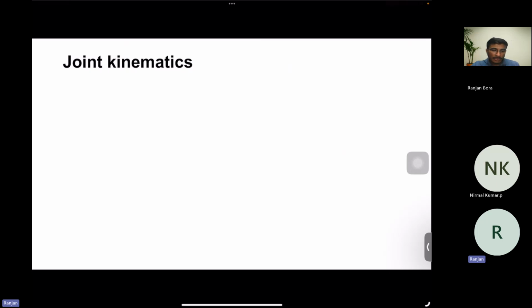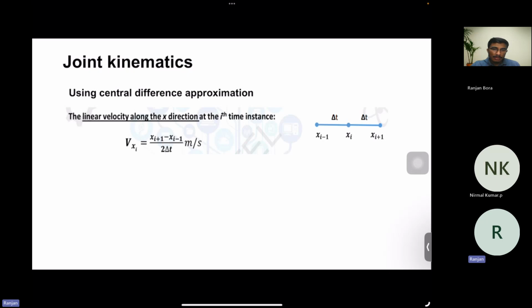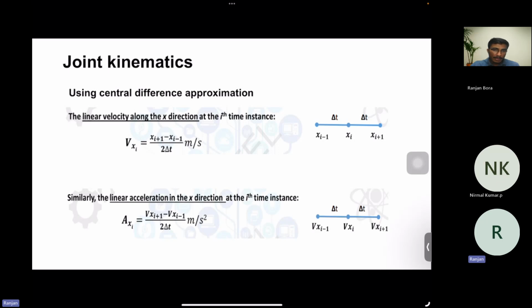Okay, next, one more concept from week 4 is joint kinematics. What does joint kinematics mean? Using joint kinematics, we can measure the velocity and acceleration of any joint for any subject during its motion. There are two methods. For calculating the linear velocity, we can use the central difference approximation.